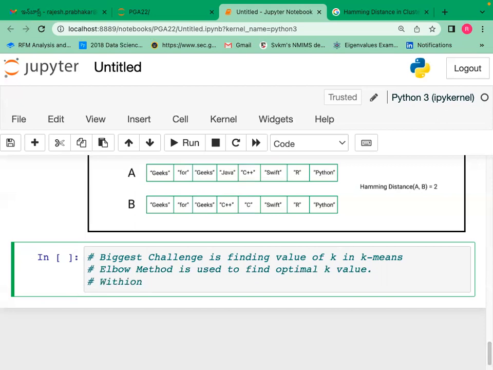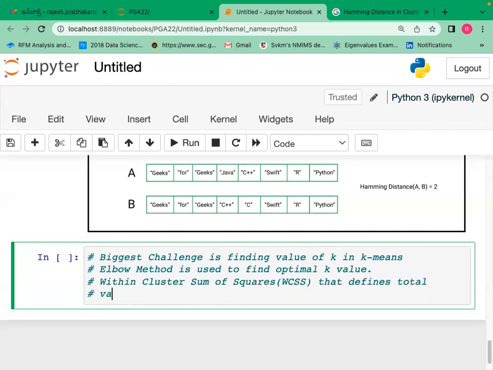Within cluster sum of squares, also called WCSS, defines the total variance within a cluster.